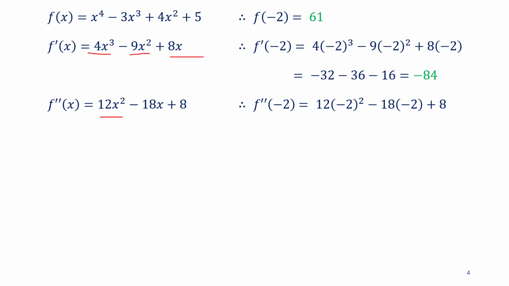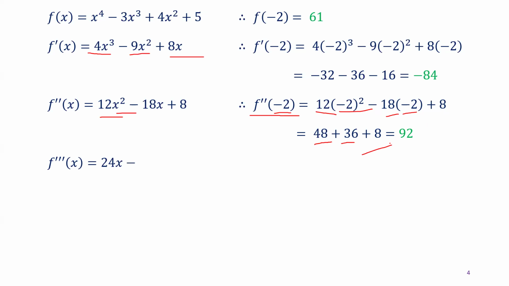If we substitute x is -2, we calculate the value of f double dash of -2, which is given by 12 times -2 whole square, minus 18 into -2, plus 8. If we simplify it, 12 into 4 is 48, 18 into -2 with minus gives plus 36, and 8 is 8.